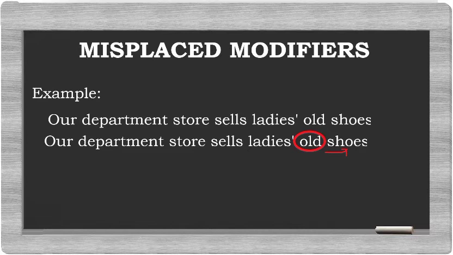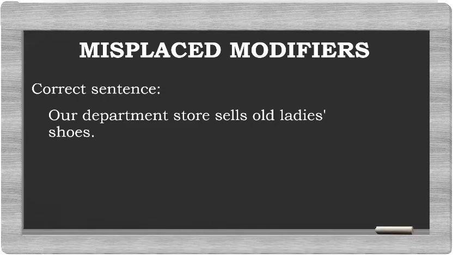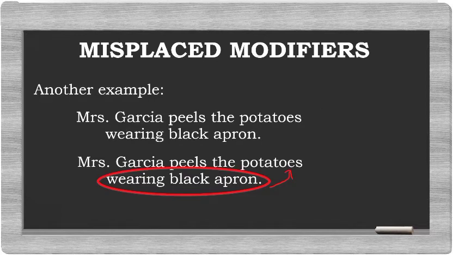Old accidentally modifies shoes so that what is being sold are old shoes. Now, the correct sentence should have been our department store sells old ladies' shoes. Old should modify ladies. Na-misplace siya kasi.